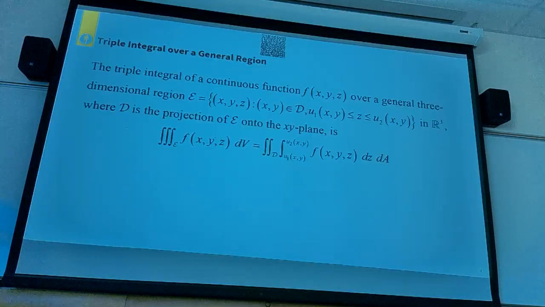So that integral is going to be the integral over your projection D of the integral from u1 to u2 of the function dz dA. And then, of course, we know how to do the double integral.